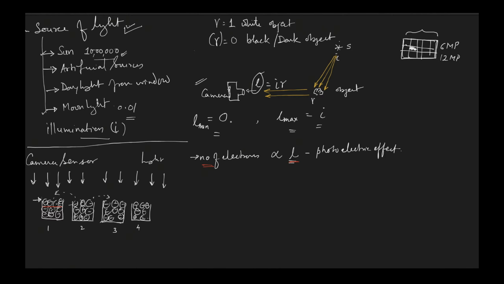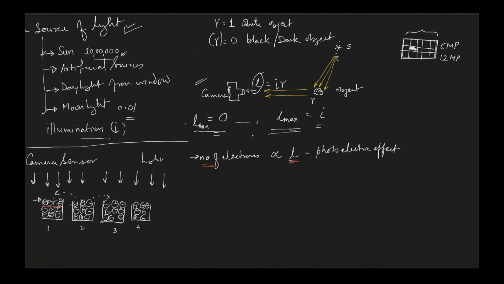Typically this limitation is not there on the lower side. L minimum is 0, and that is understandable. No light, nothing is recorded. The limitations or the compromises happen on the maximum side. The L max that the camera can record will depend on the size of the sensor and the size of the pixel.